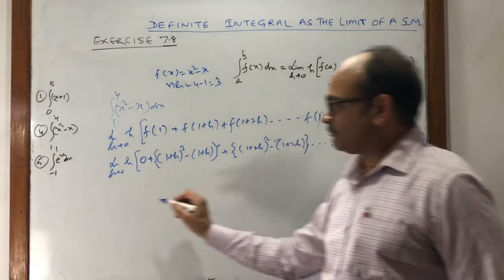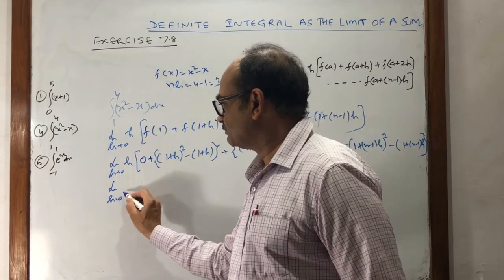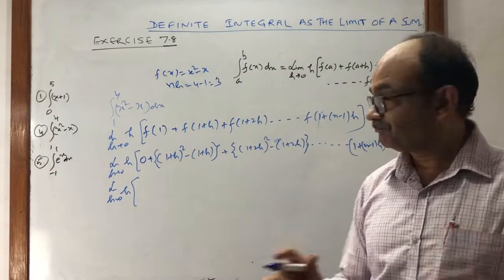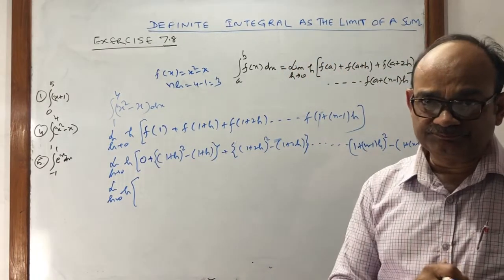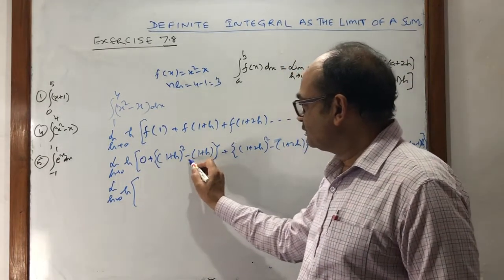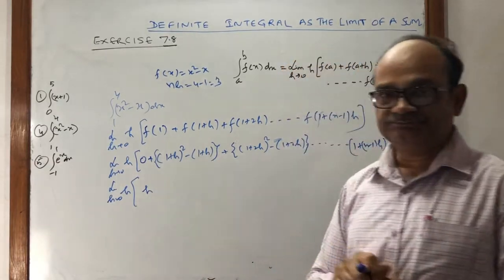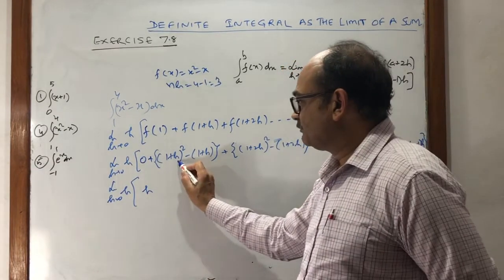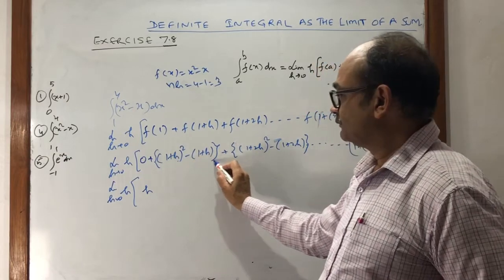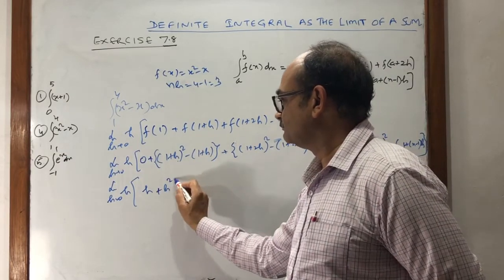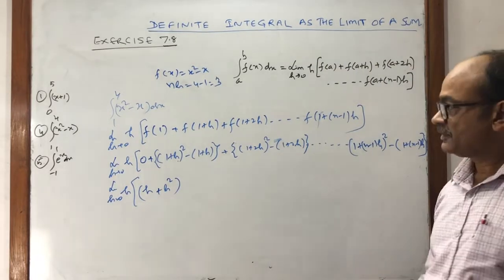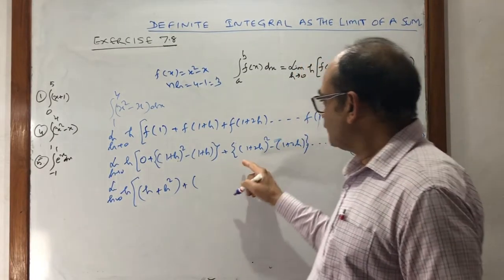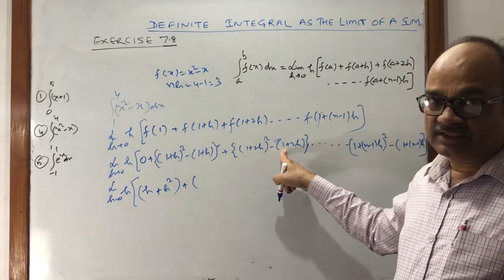Now we'll expand one by one, limit h tends to 0. Very carefully. 1 square and 1 cancel out. You will get 2h minus h, that is h, and you will get h square. So here h square is the simple solution of the first bracket. Now the second bracket: 1 and 1 cancel out.